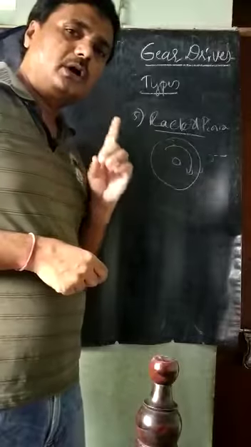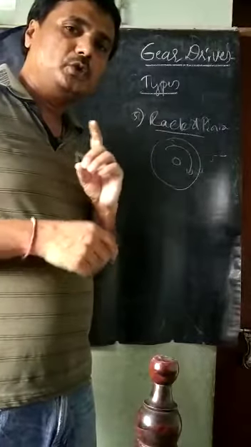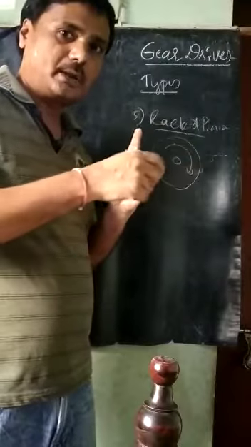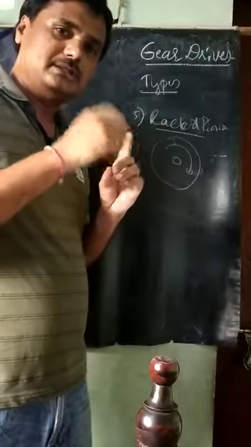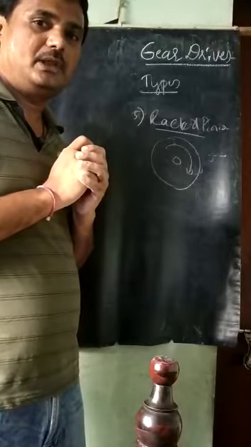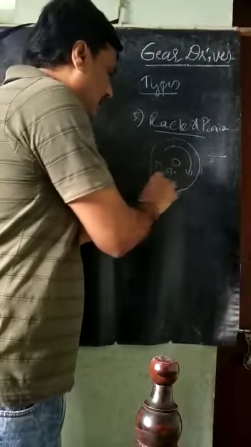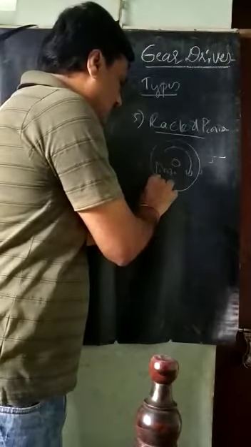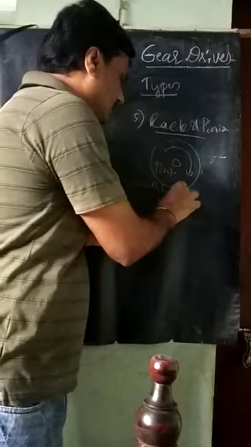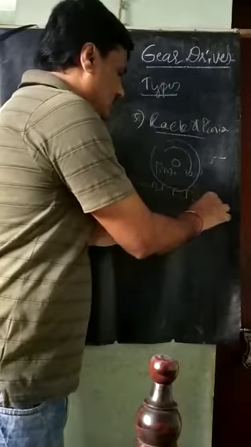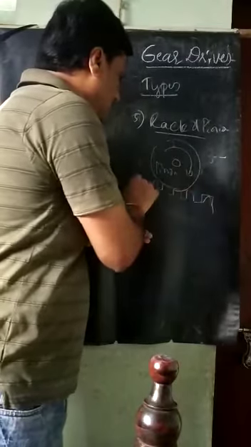If we want to convert a rotary motion into a linear or reciprocating motion, then the rack and pinion is used. This is usually called the pinion, and the rack is where the teeth are made, a number of teeth like this.